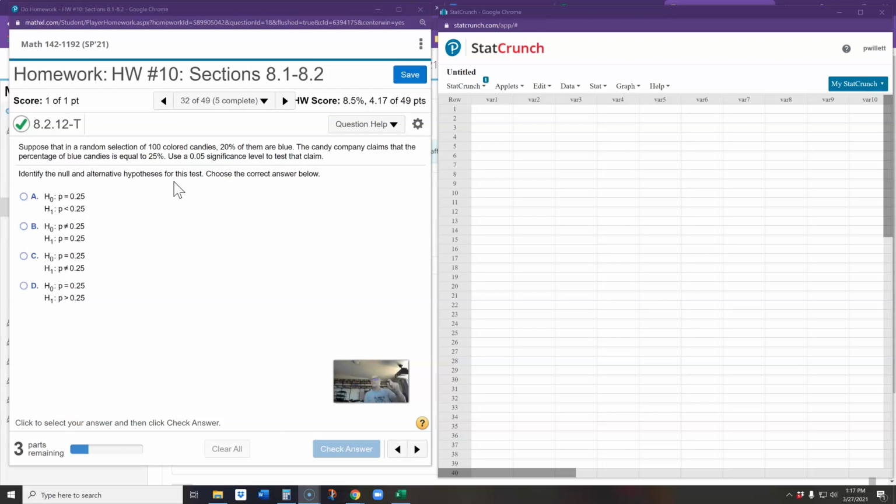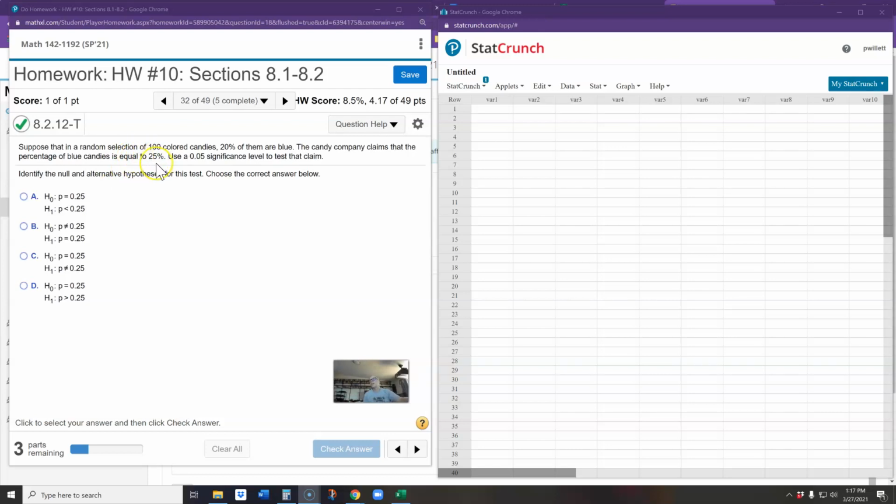This is the situation in a hypothesis test where the null hypothesis is actually the same as the claim. If the claim is about being equal to a value, since the null hypothesis is always set with equality, then the null hypothesis is the claim itself.